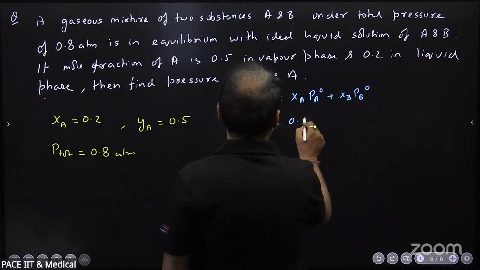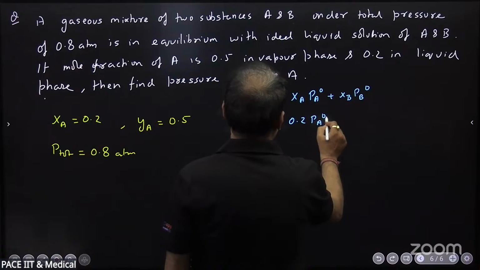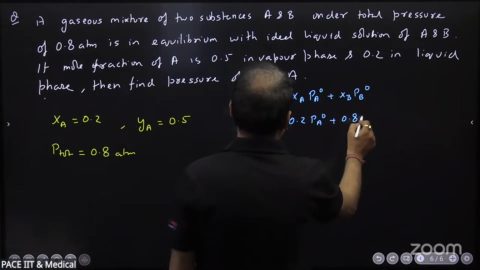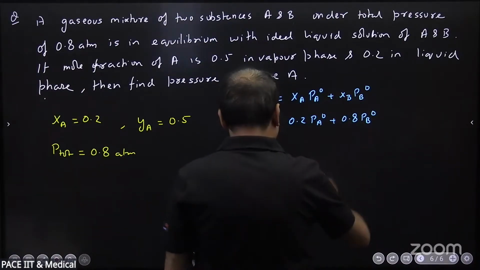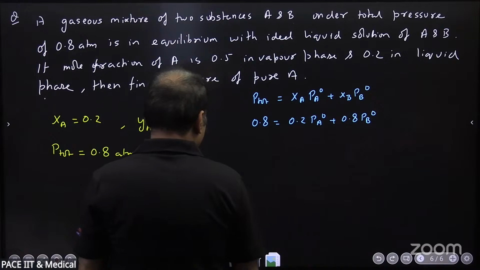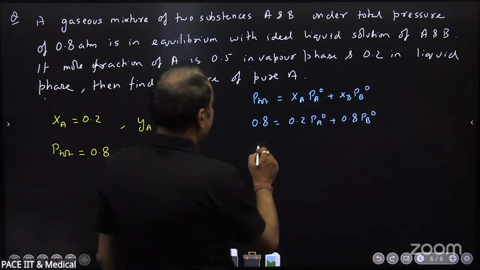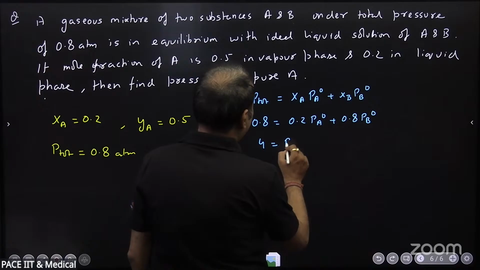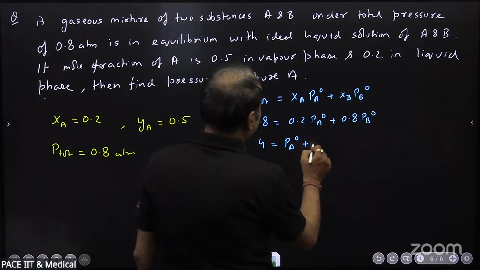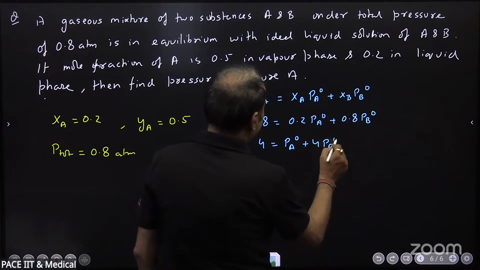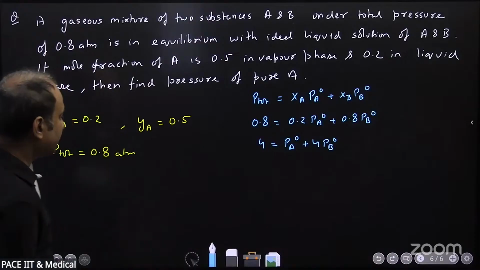XA is 0.2 PA naught. Then XB will be 0.8 PB. So if we divide the entire equation by 0.2, we will get 4 is equal to PA naught plus 4 PB. This is one equation we get.